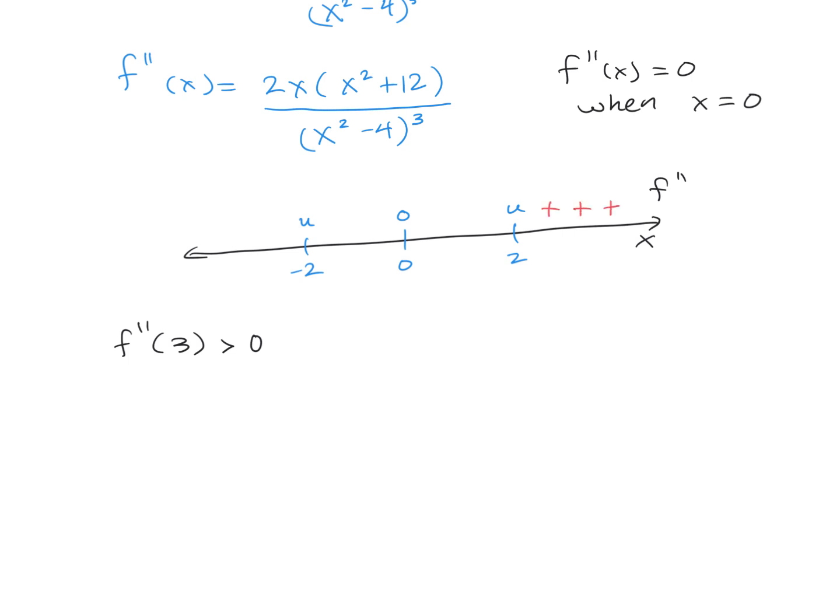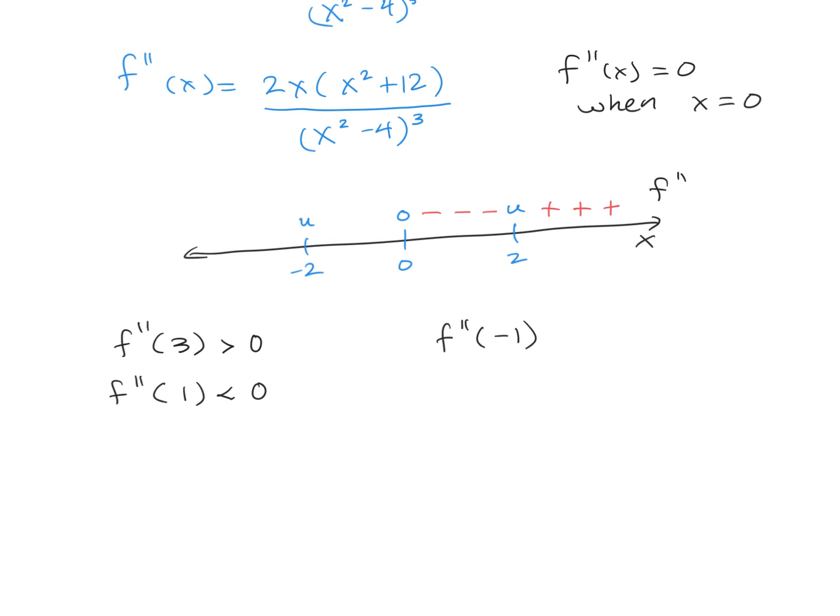The next number for us to test out is going to be positive 1 because that's between 0 and 2. And if we substitute 1 into our second derivative, you'll notice that we have a positive numerator, but we have a negative denominator. So f double prime of 1 is less than 0. So we have a negative second derivative between 0 and 2. Next up, we can calculate the second derivative at negative 1, which is between negative 2 and 0.